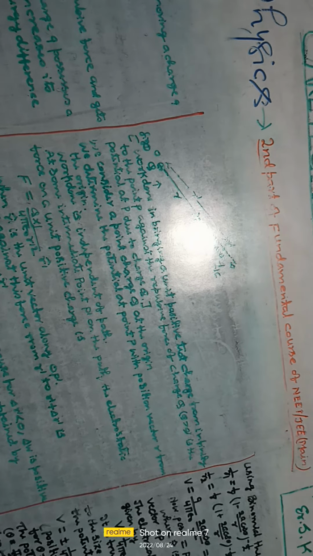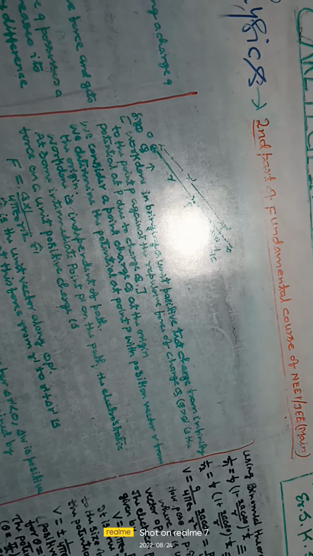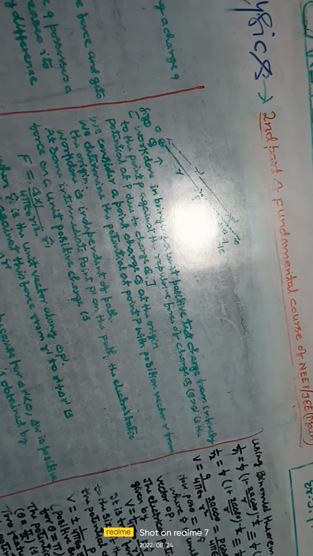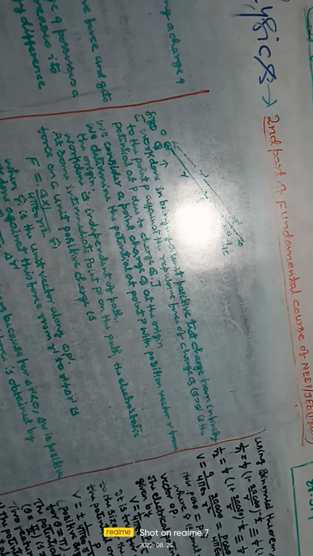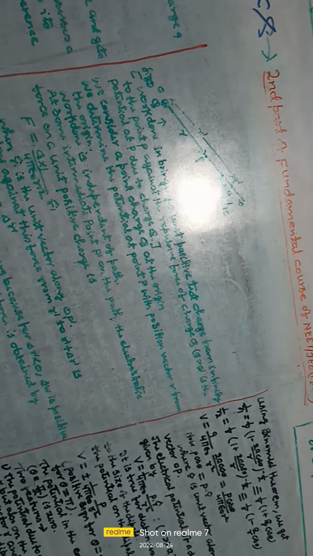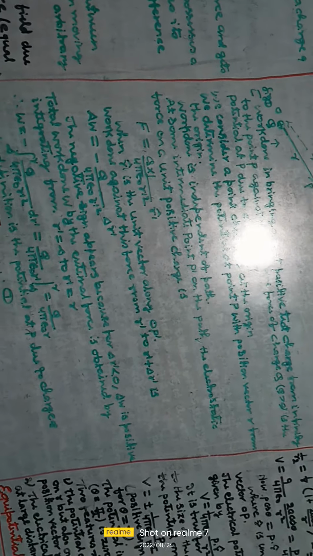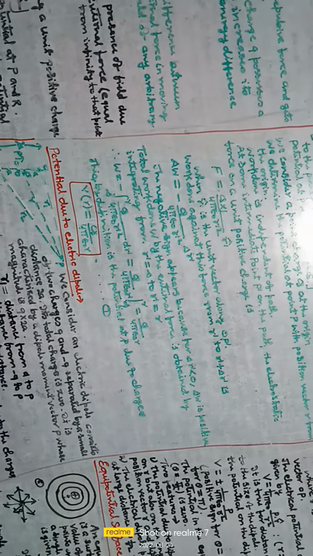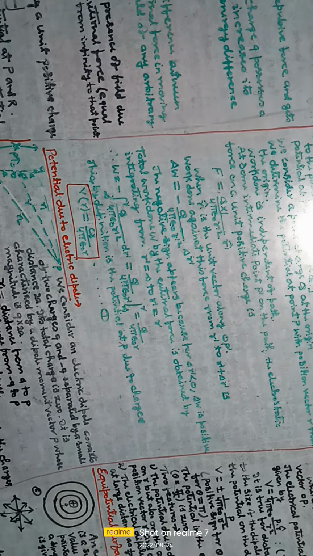Now we consider a point charge Q at the origin. We determine the potential at point P with position vector r from the origin. Work done is independent of the path.